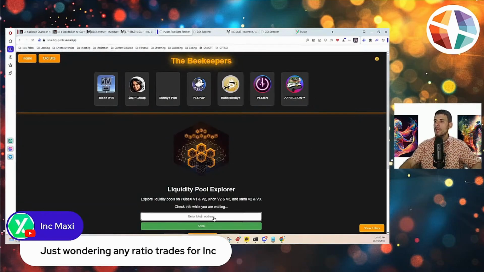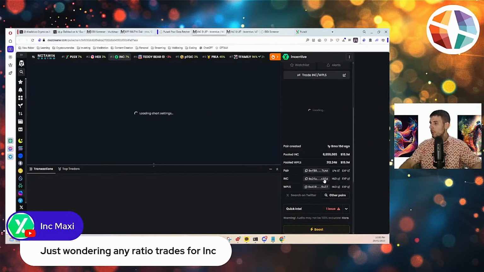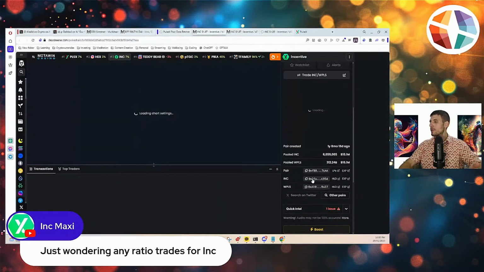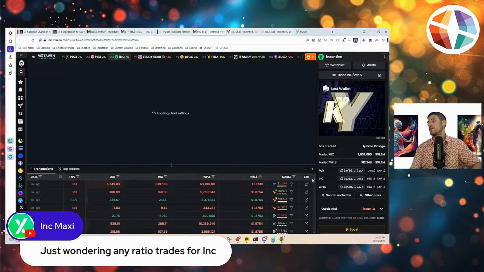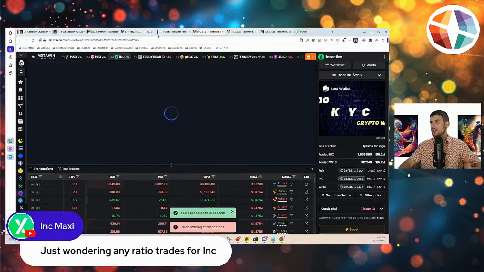I'm going to paste Ink in here. Oops, son of a gun. Copy the Ink. And then, why? What? Bro. See, this is now my computer's being so slow. It should be copied, address copied to clipboard.